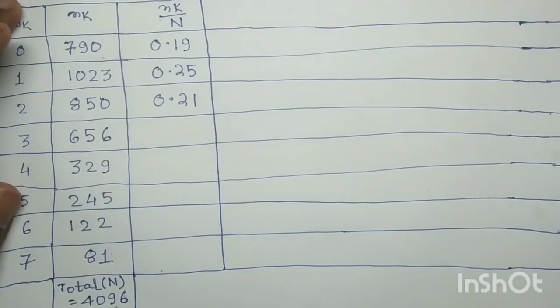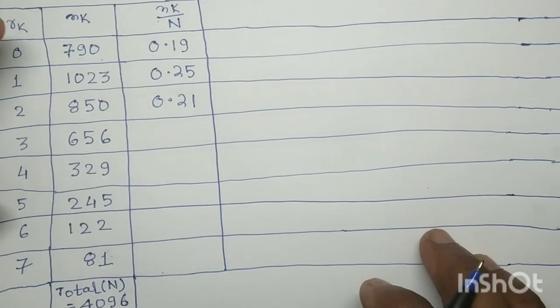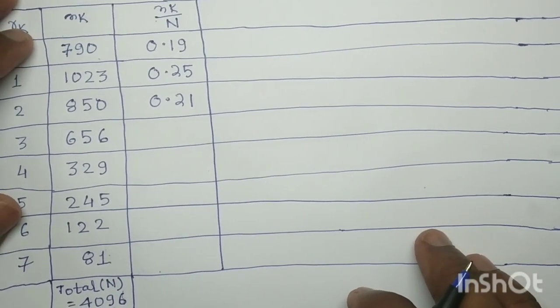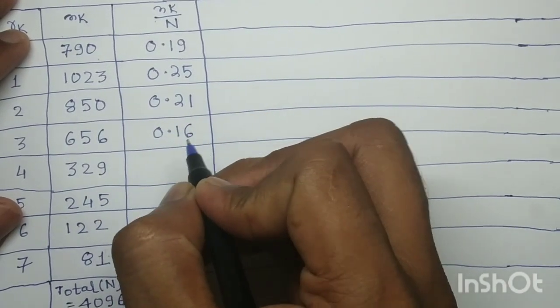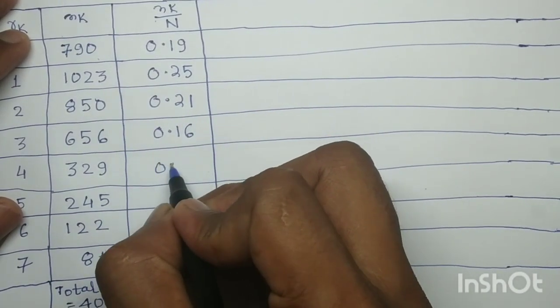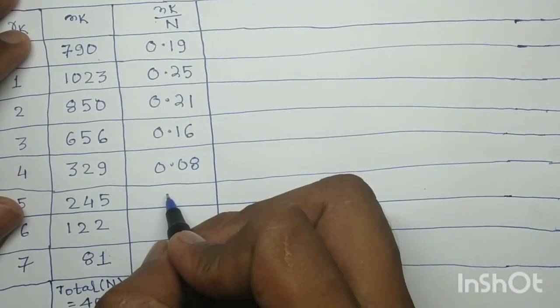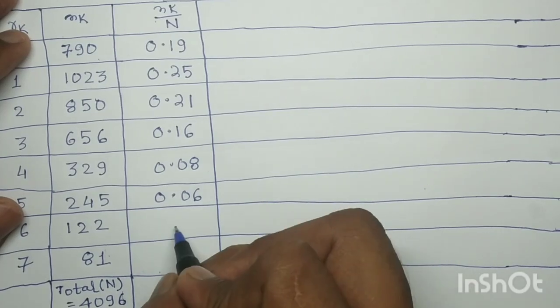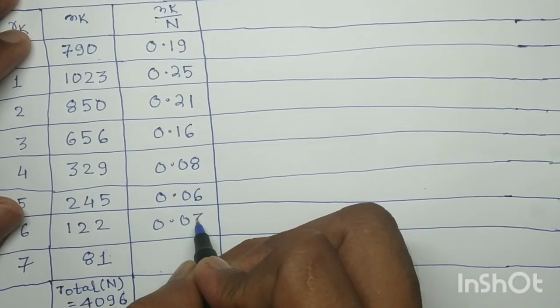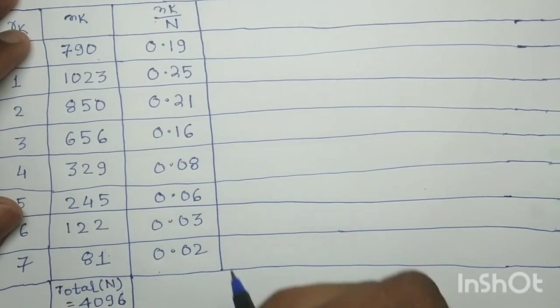Similarly, if you determine for the others, it is coming to be 0.16, 0.08, 0.06, 0.03, and finally it is 0.02.